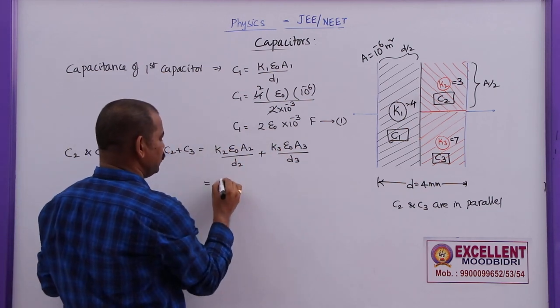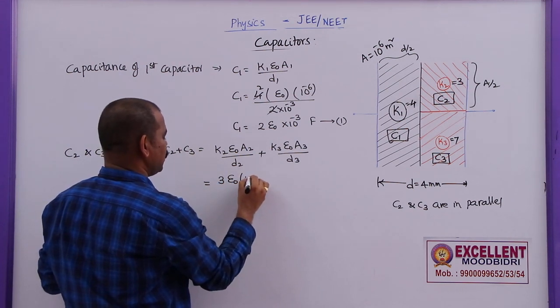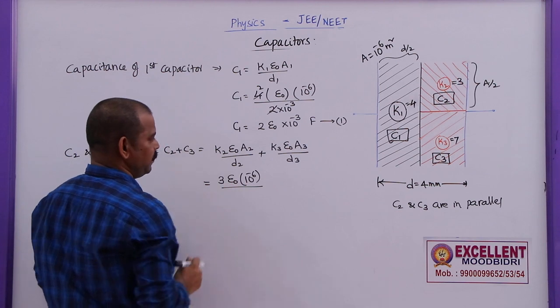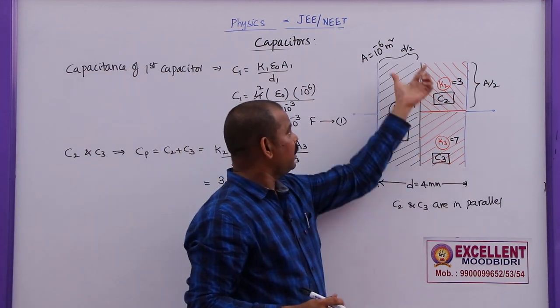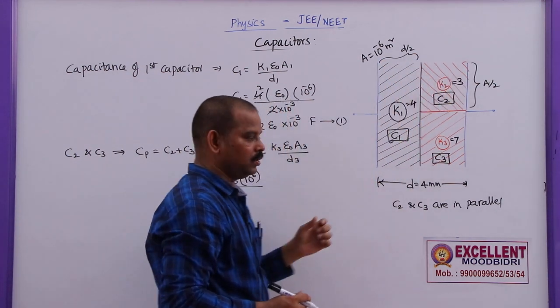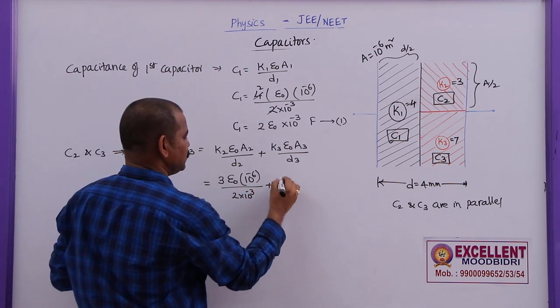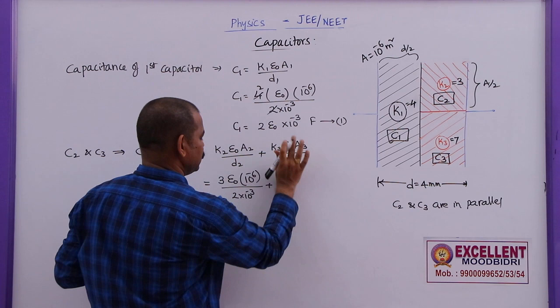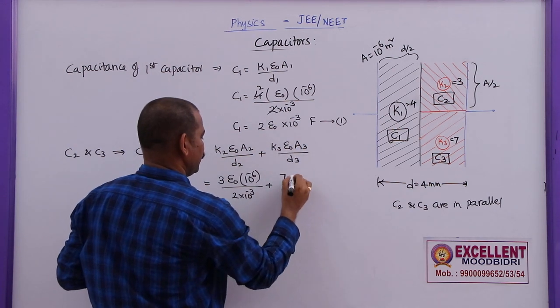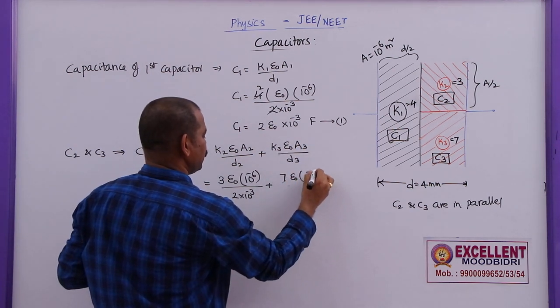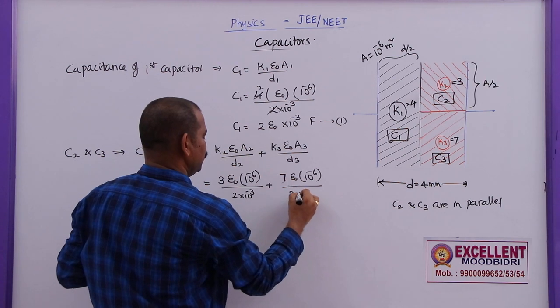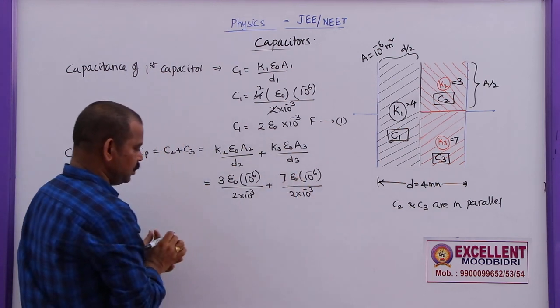So, first let me substitute these values. K2 is equal to 3 epsilon naught 10 power minus 6 by, thickness is as usual D by 2, this is also D by 2, that is 2 millimeter, plus this will be 7 epsilon naught 10 power minus 6 by 2 into 10 power minus 3.